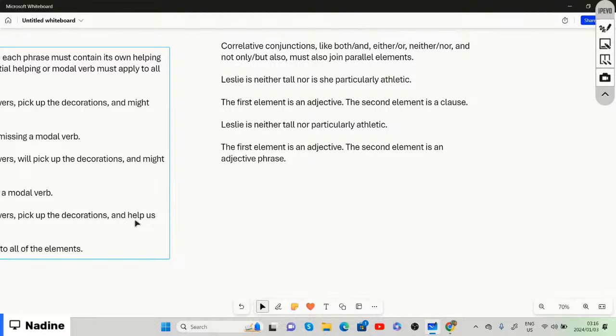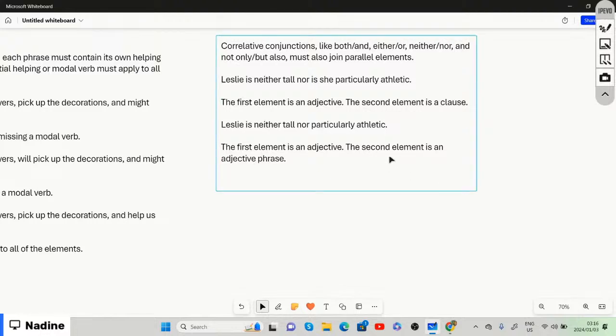And then the second element is, of course, a clause. And it says Leslie is neither tall nor particularly athletic. And yet it says that the first element is an adjective, and the second element is an adjective phrase.